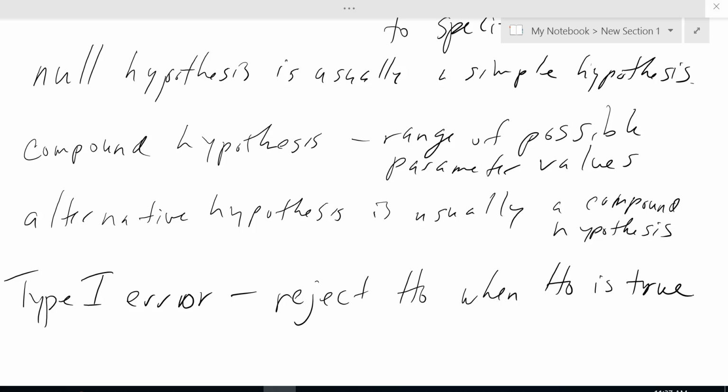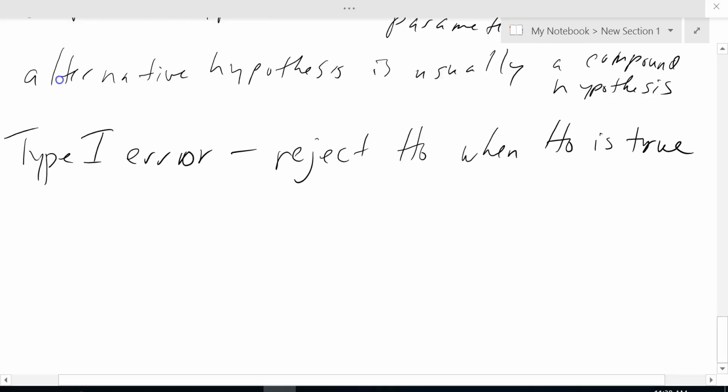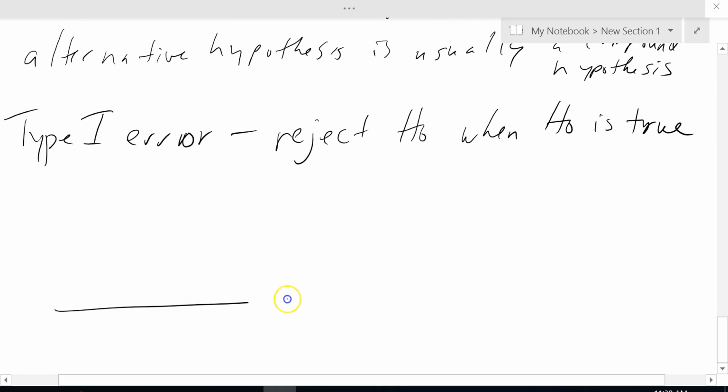So again, the idea here is that you want to try to minimize both types of errors. But at least from the type 1 error perspective, you want to minimize that by making your confidence level high, making the probability of that actually happening small, right? So thinking about it from a picture standpoint, let's say we have a normal distribution in here.